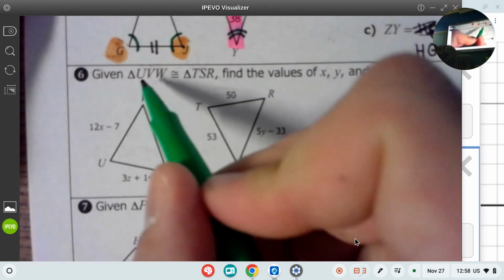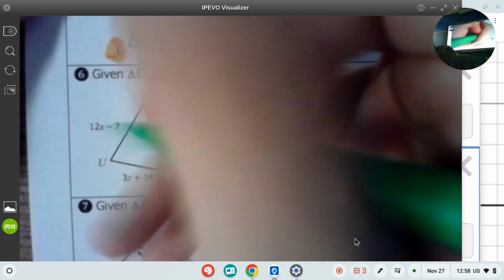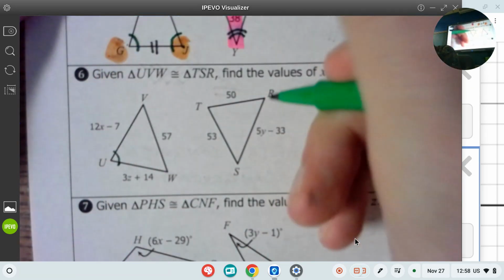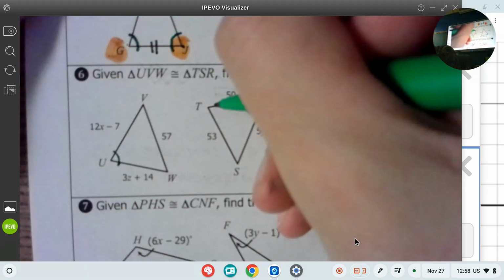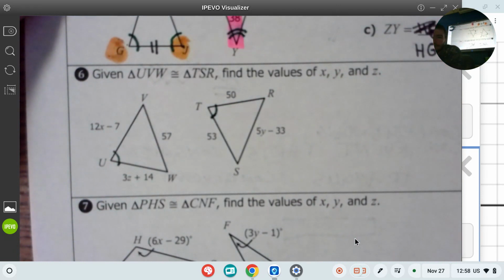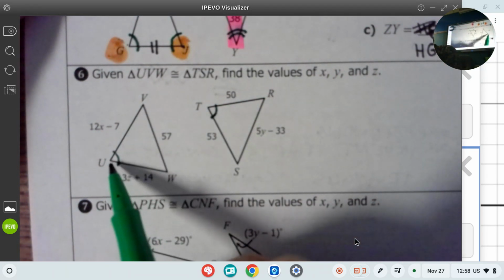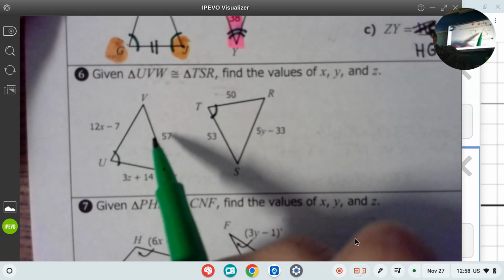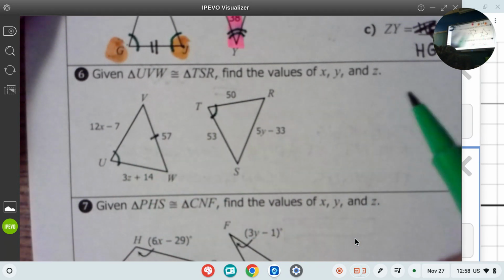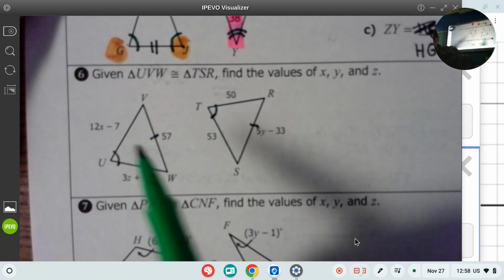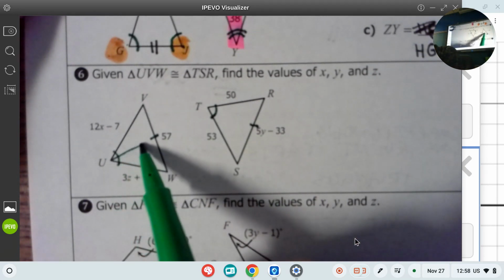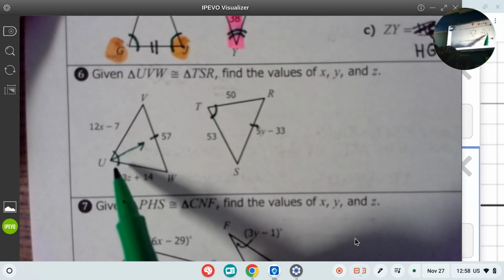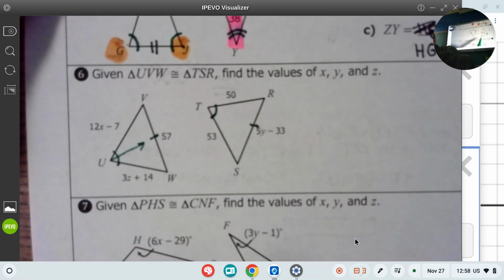Let's start with our angles. U, we'll say that's a single, and T, we'll say that's a single, right? And then let's just go straight across from the U, and let's make that a single slash out there as well. If U is a single curve, then VW can be a single slash.